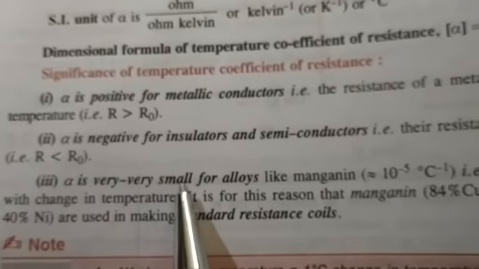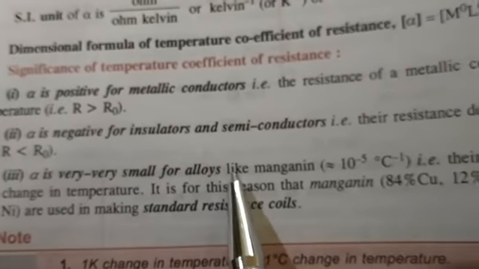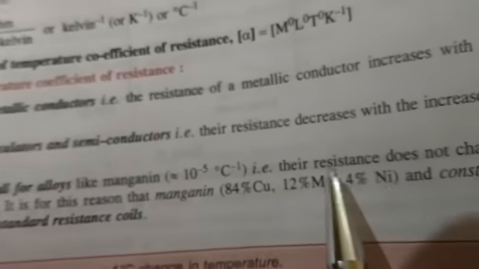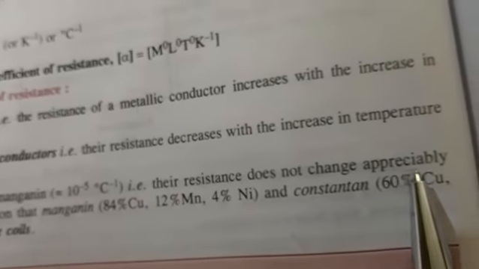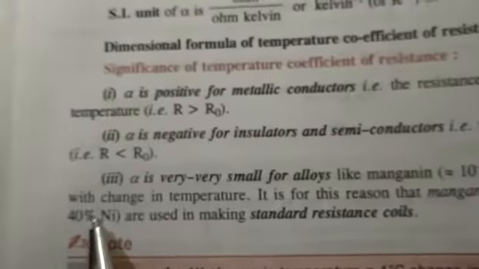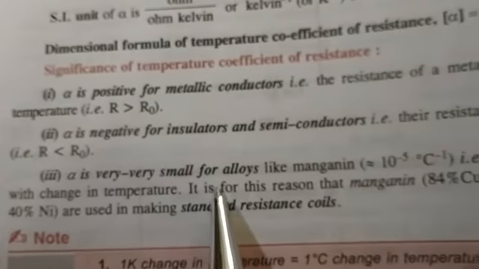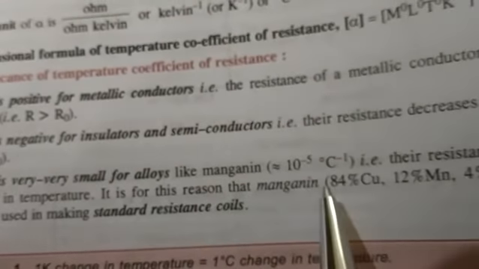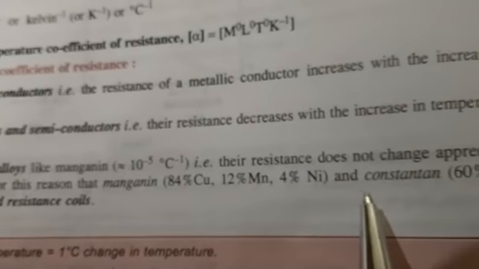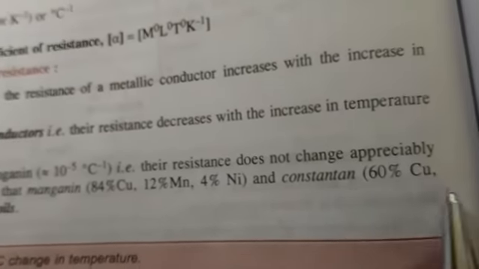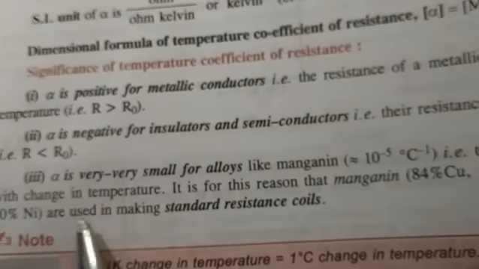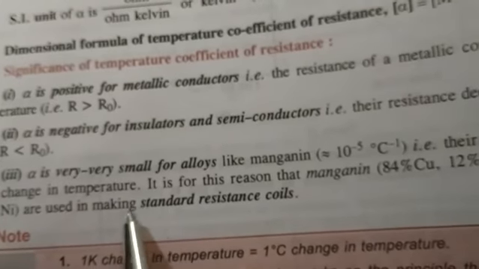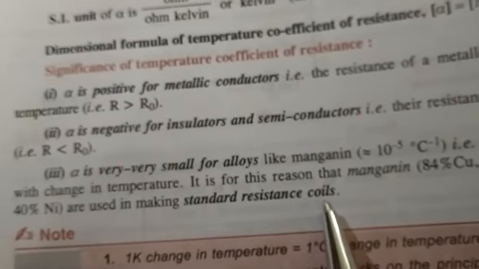So alpha is very, very small, or negligible change in temperature. It is for this reason that manganin and constantan etc. are used for making the standard resistance coils.